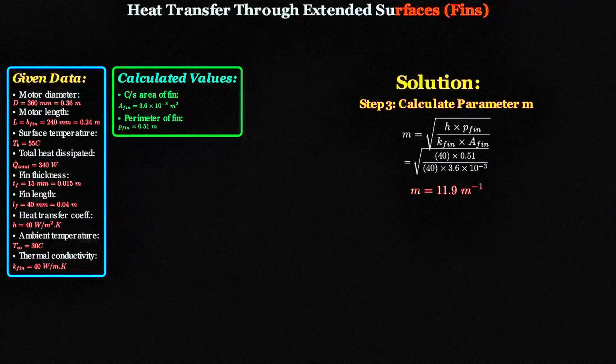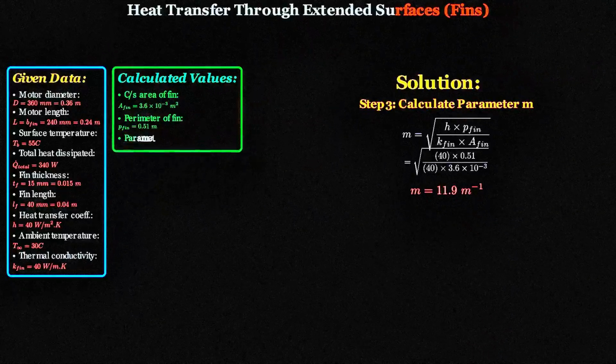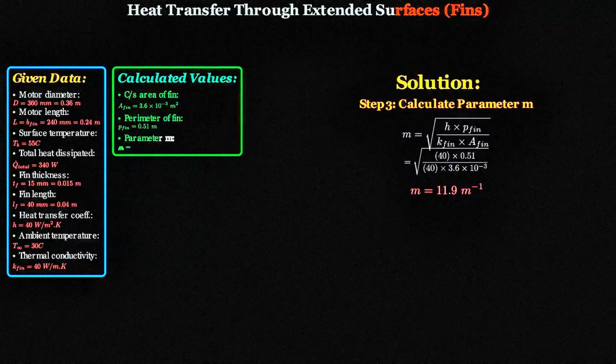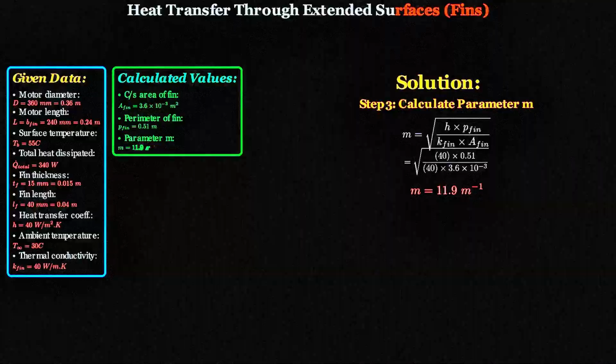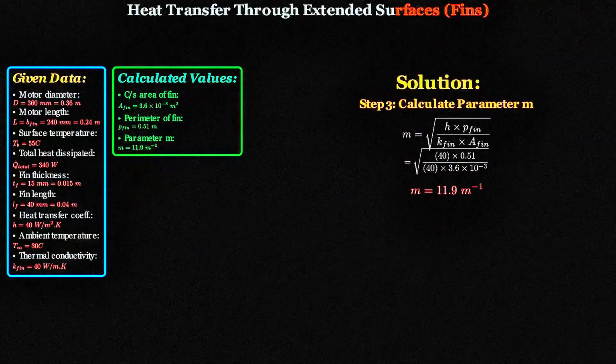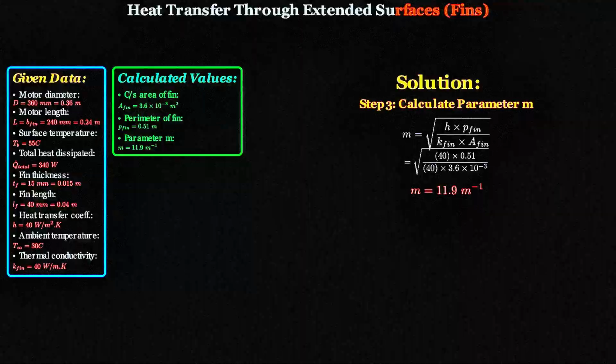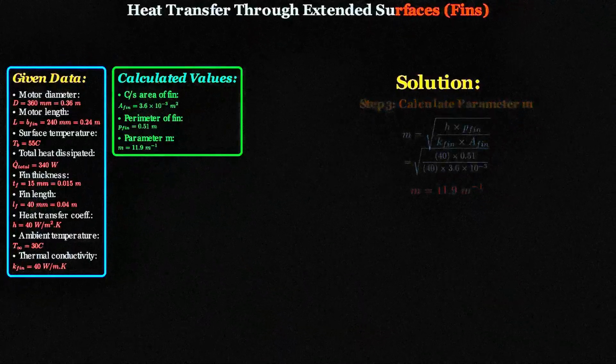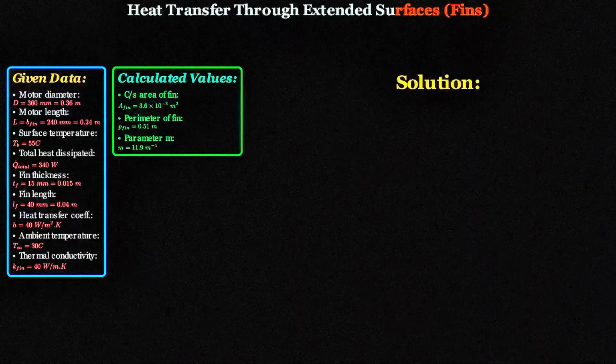Evaluating the numerator, 40 times 0.51 equals 20.4. The denominator, 40 times 3.6 times 10 to the -3 equals 0.144. Taking the square root of 20.4 divided by 0.144 gives us m equals 11.9 per meter. Parameter m is now stored.